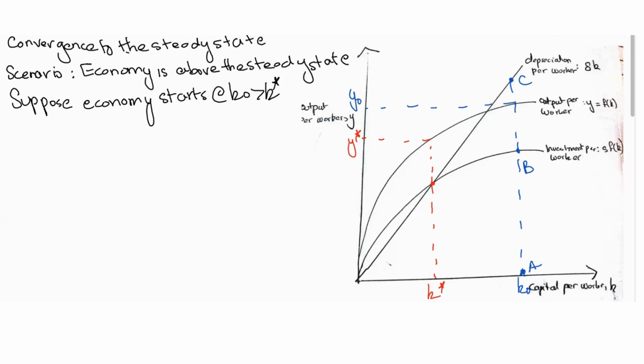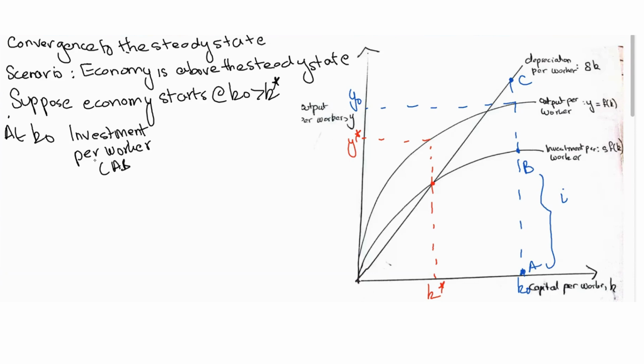Now what we notice over here is at k naught, investment per worker, which in this case we can read from here, is AB, right? This much is investment per worker, which is AB.